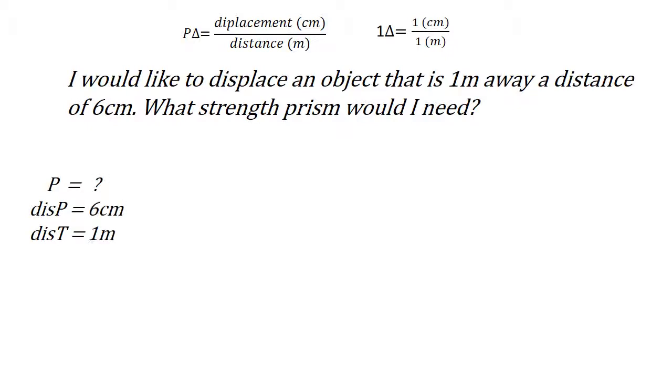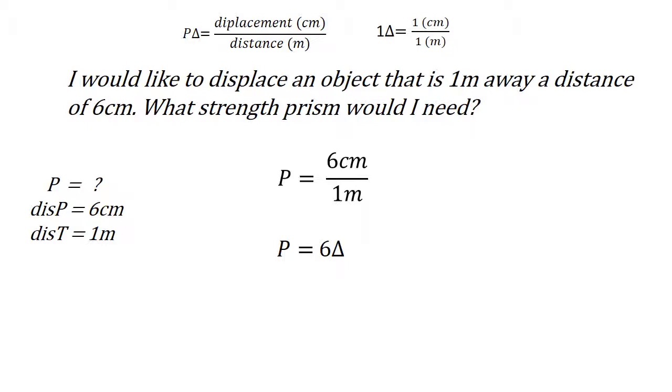What we're looking for in this problem is P. We don't know that. The displacement is 6 centimeters, and the object distance is 1 meter. Then all we have to do is plug the numbers into the formula and solve, and we come out with 6 prism diopters as the strength of prism we would need to displace an object that's 1 meter away by 6 centimeters.